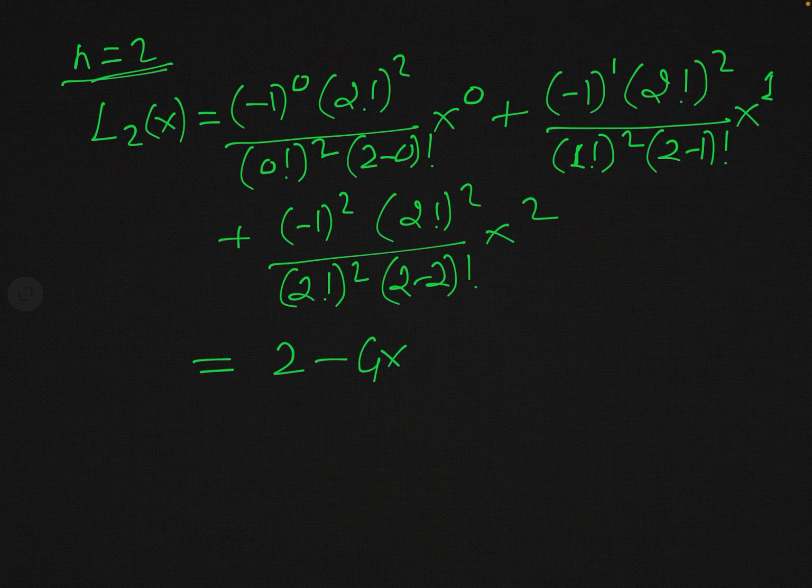This is 4x. And in the last term, you can see this 2 factorial square and 2 factorial square will cancel, and minus 1 raised to the power 2 will be plus 1, and 2 minus 2 is 0, and 0 factorial is 1. So this will be simply plus x square. So you can see L2 of x is equal to x square minus 4x plus 2.